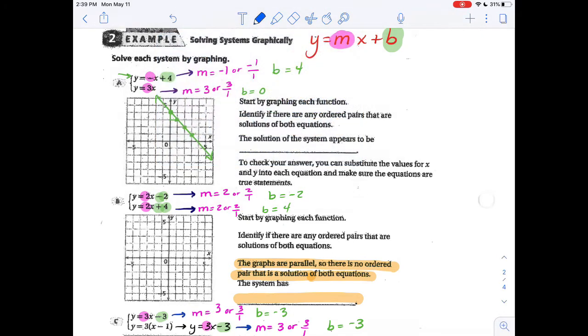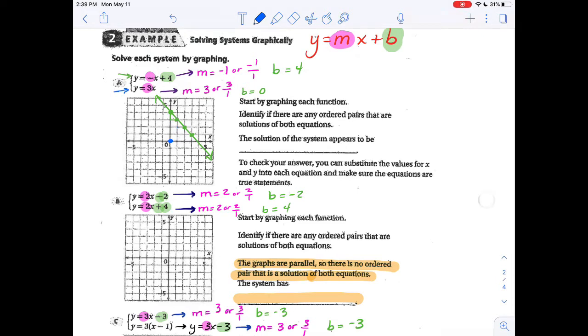Now let's go ahead and look at that second equation. We're going to graph that. Notice there is no y-intercept, which means it's a proportion. It crosses at the origin. And now use that slope up 3 over 1, up 3 over 1, and keep going, and you will find that, whoops, I didn't do that one right.